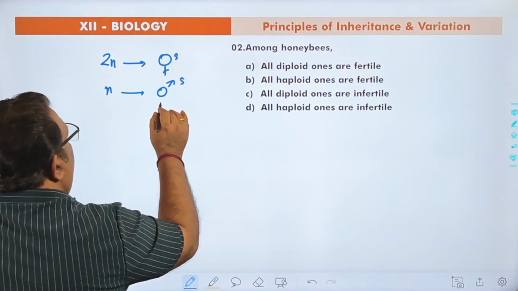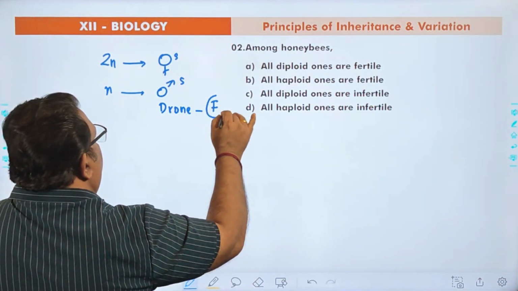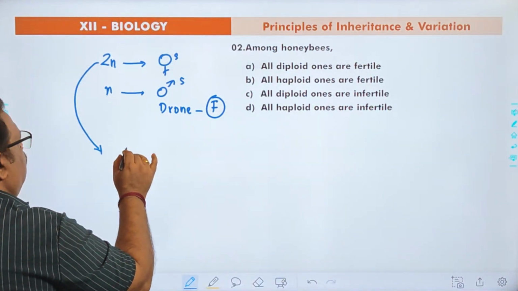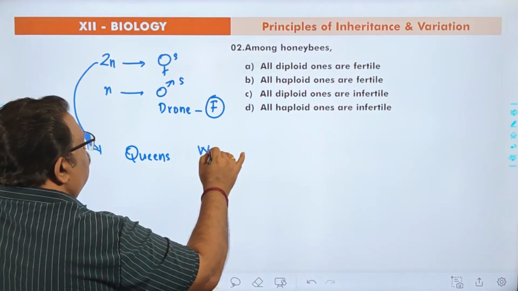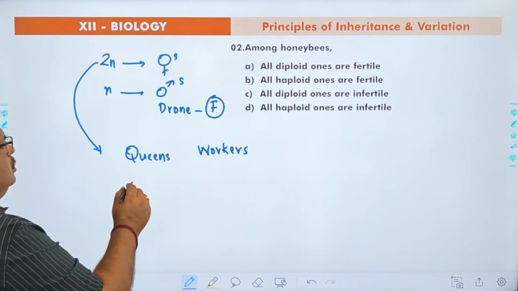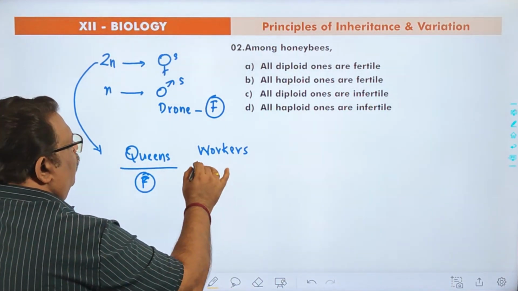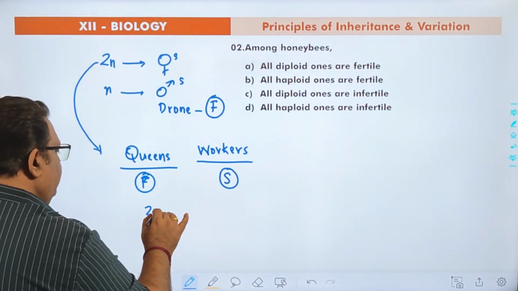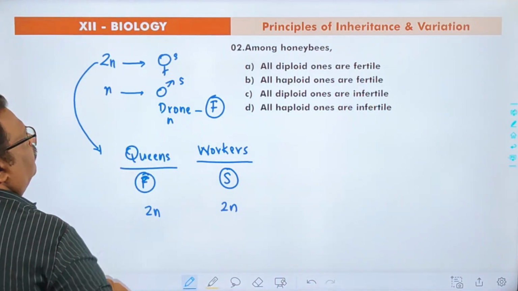And the male is called drone, and the drone is always fertile. And there can be 2 types of females, namely queens and workers. Both are females, but queens are considered to be fertile and workers are considered to be sterile. So queen is a diploid organism, worker also is a diploid organism, drone is a haploid organism.